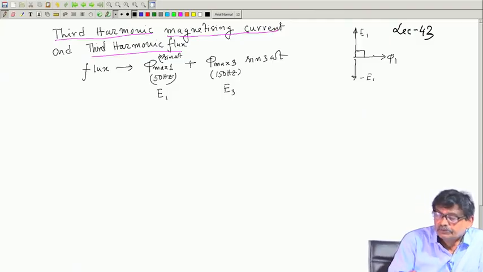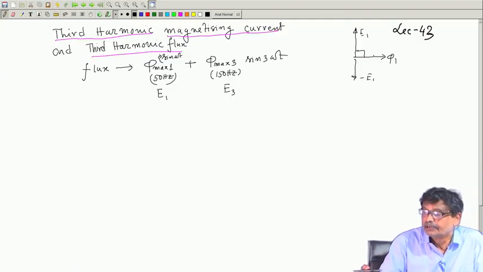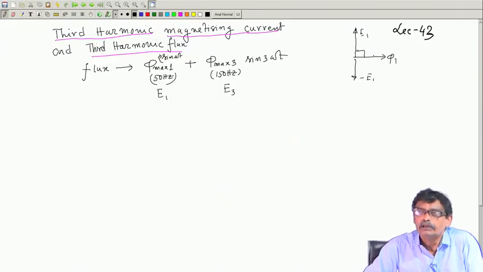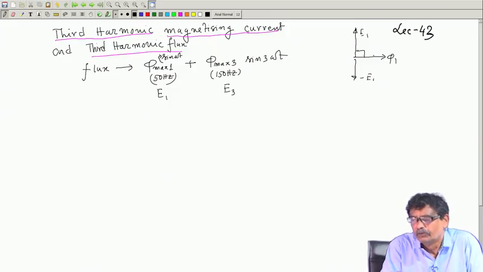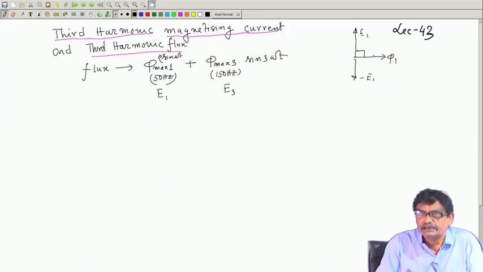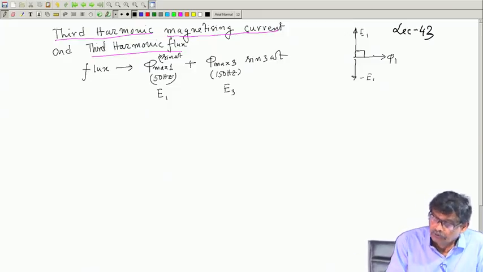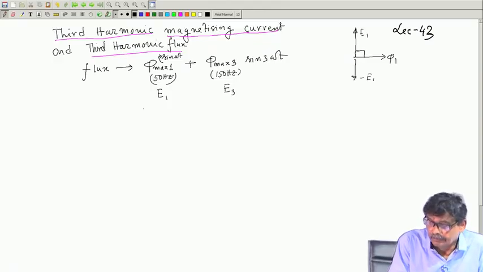So, let us sketch the flux and induced voltage waveforms to understand whether this is really detrimental, because phase voltages in case of star star connection will have both fundamental and third harmonic components. The goal is to see how the resultant voltage looks with respect to time.